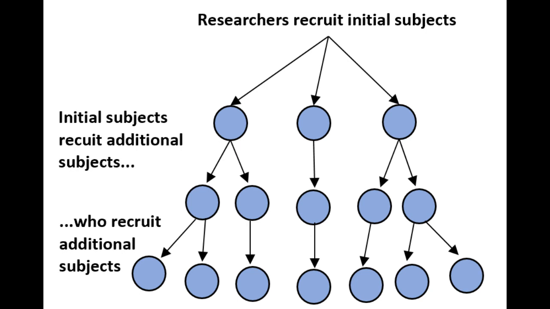Like for example, if you are researching about experiences of homelessness in your city, you meet one person who agrees to participate in the research, and she puts you in contact with other homeless people that she knows in the area. So that is a referral, and we call that kind of sampling snowball sampling.